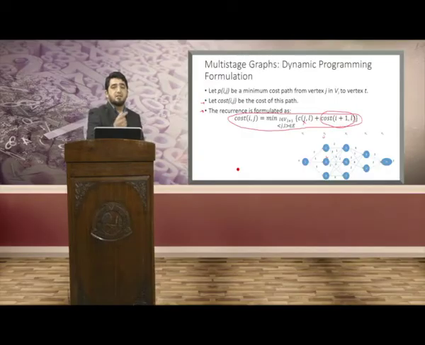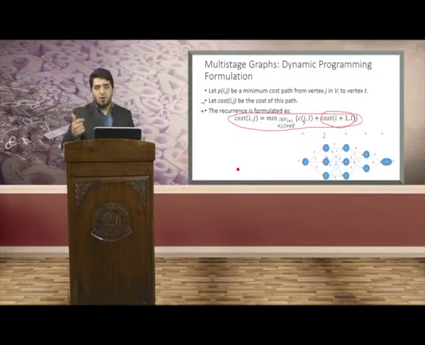We want to select that node which will lead to the minimum cost. That is what that recurrence basically means there. It means that if we have chosen node number 3 in stage number 2, we need to choose one of the nodes from 5, 6 or 7 such that the final cost is minimized.